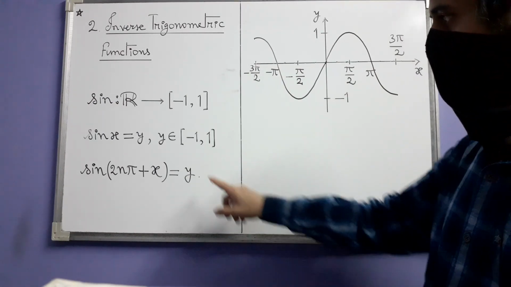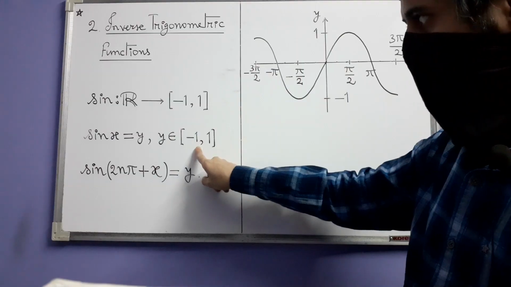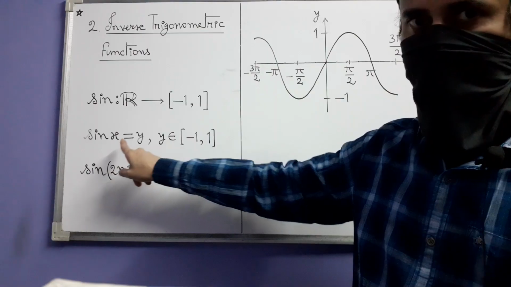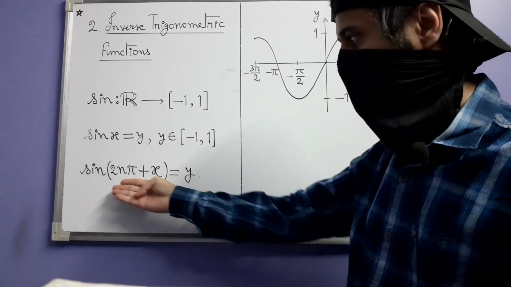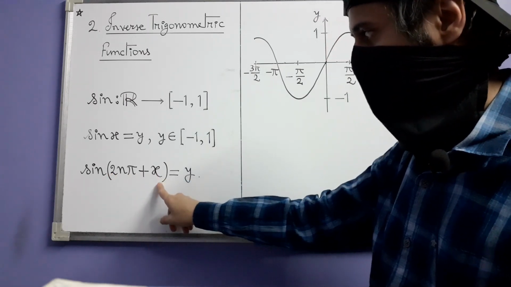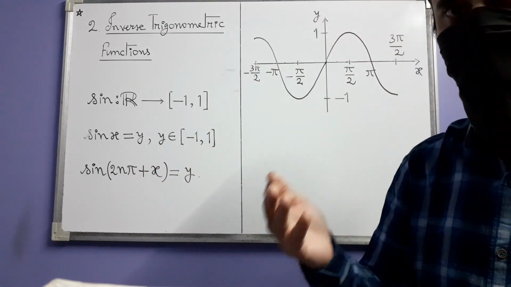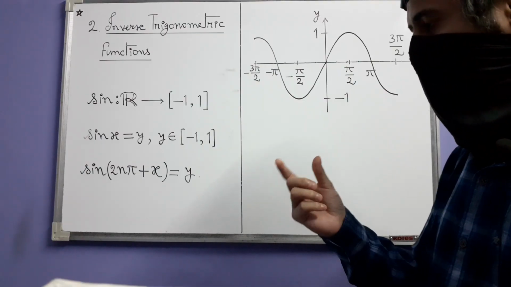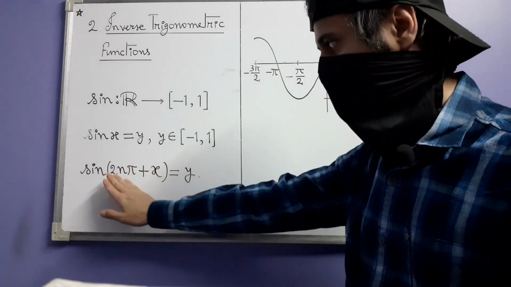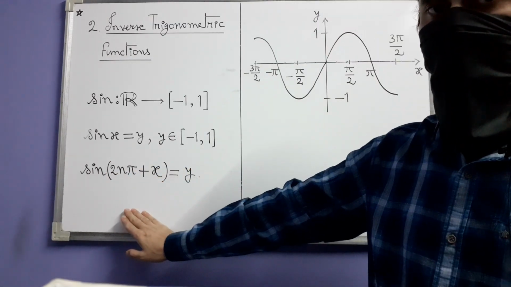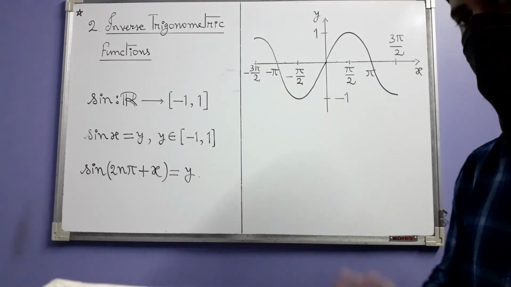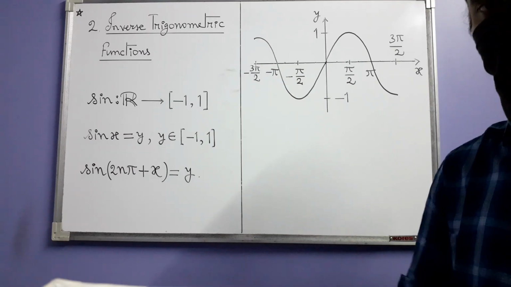For any integer n, sine of 2n pi plus x, which if you expand using the sine a plus b formula, you will see is sine x, which is again y. So there are infinitely many real number inputs for which the output is y. So the function is not one-to-one, but it is onto.